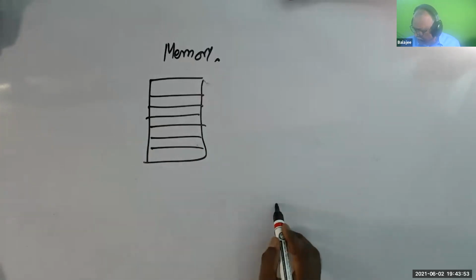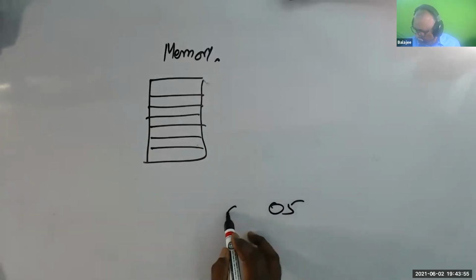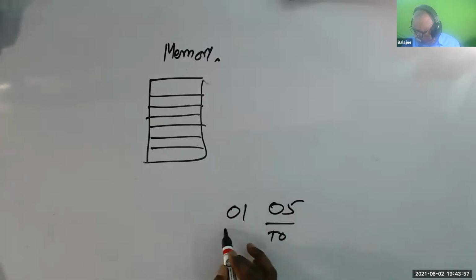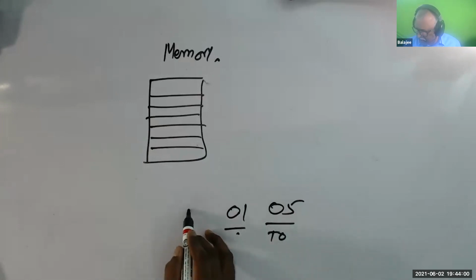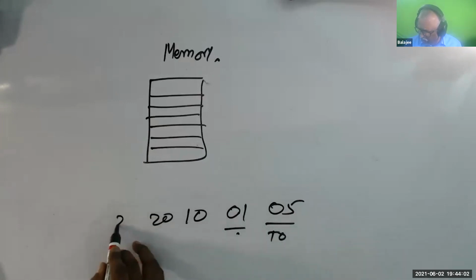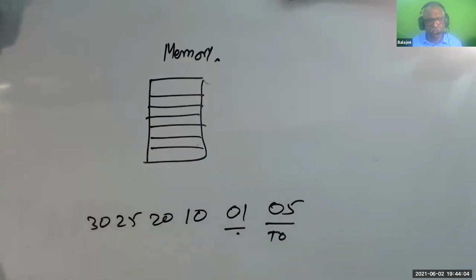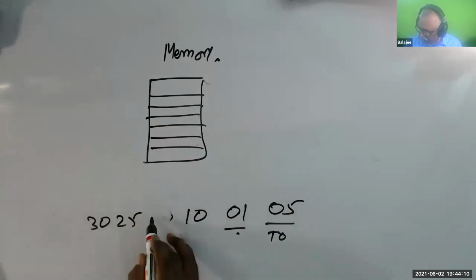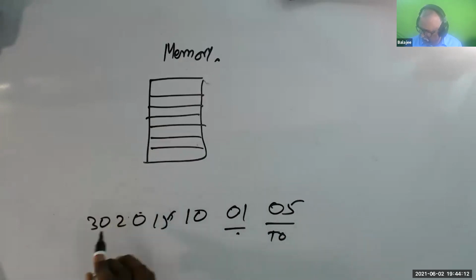So I prepare a packet: to 05, from 01, and data is 10, 15, 20, 30. Then checksum is I add all of them, so 85.